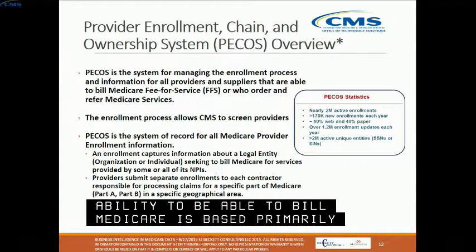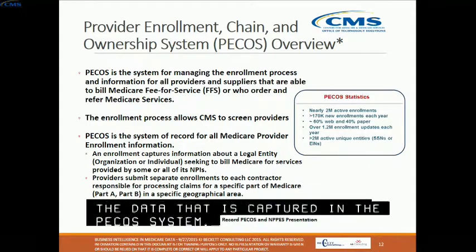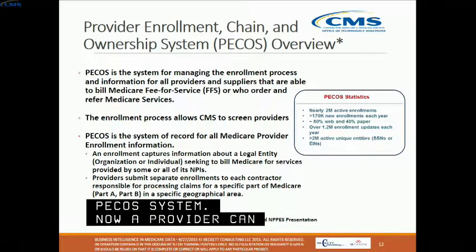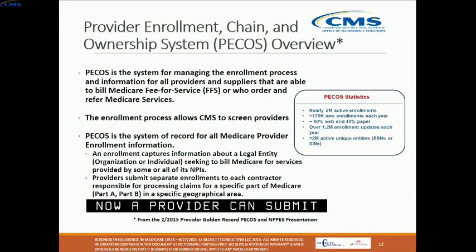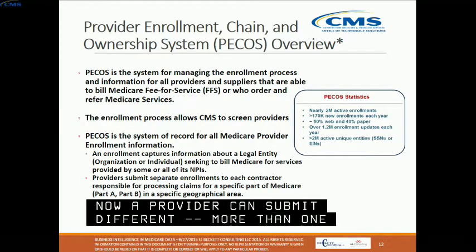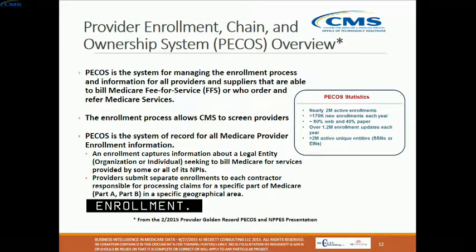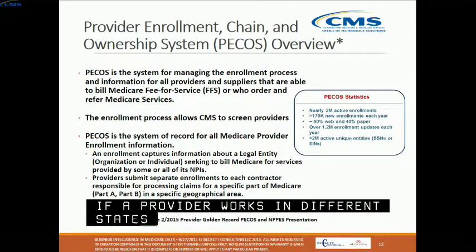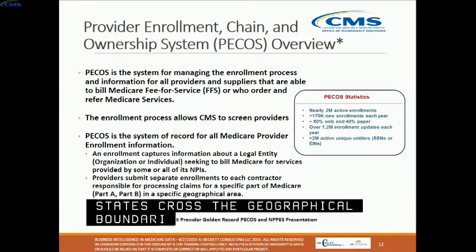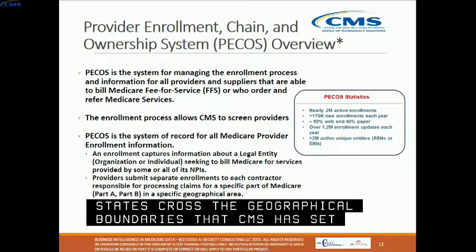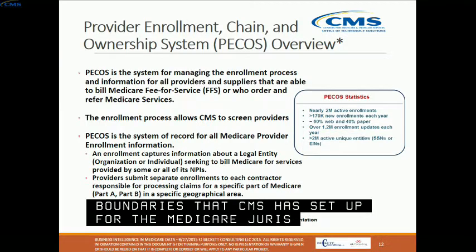Now, a provider can submit more than one enrollment. If a provider works in different states and those states cross the geographical boundaries that CMS has set up for the Medicare jurisdictions, then they will have to enroll separately in those separate jurisdictions.